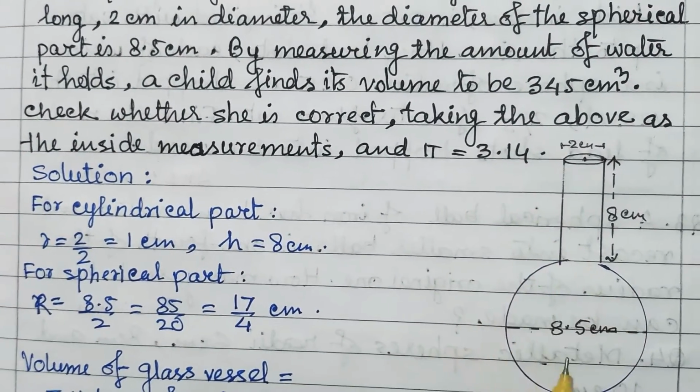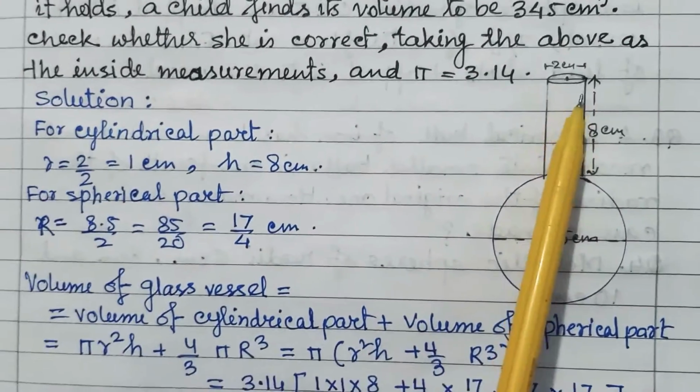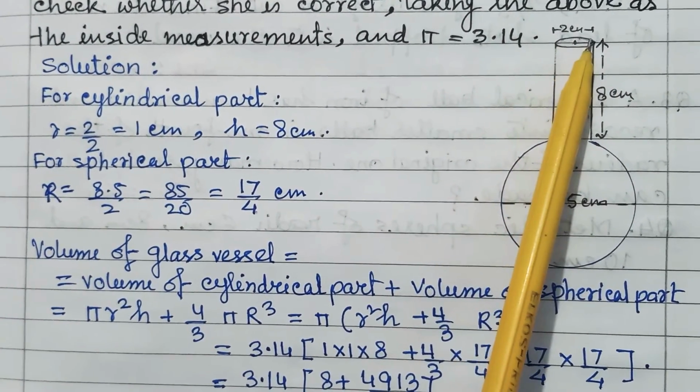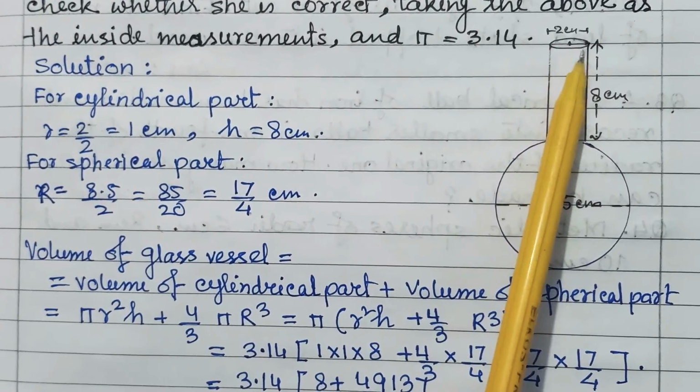This is the vessel with a cylindrical neck whose height is 8 centimeter and diameter is 2 centimeter, so the radius is 1 centimeter.